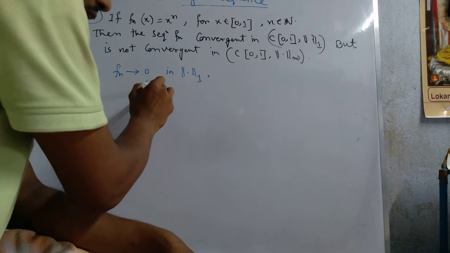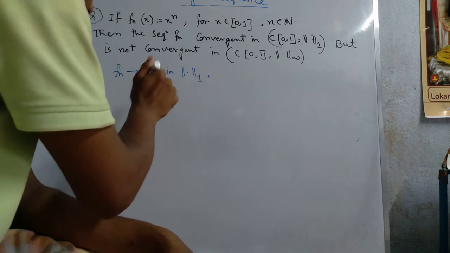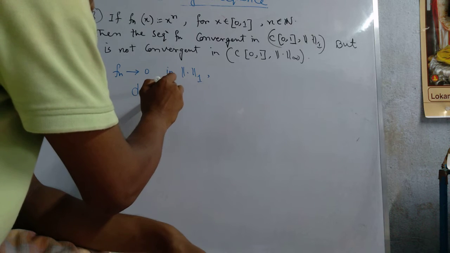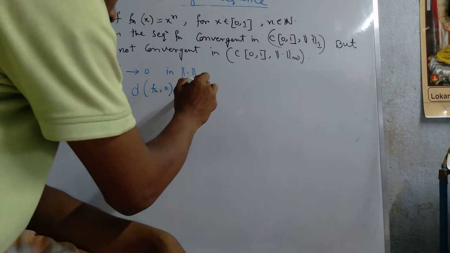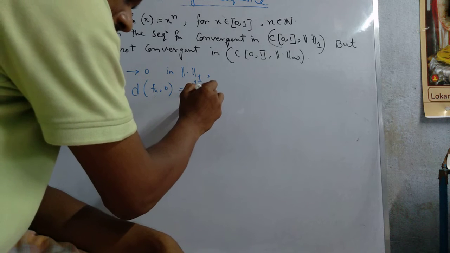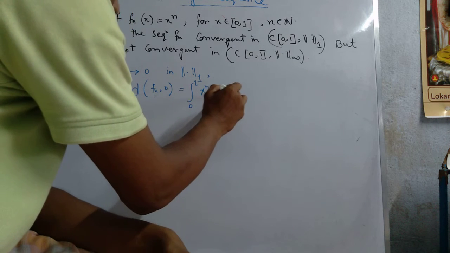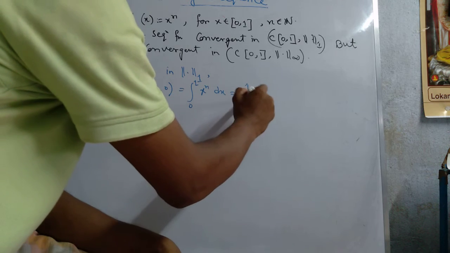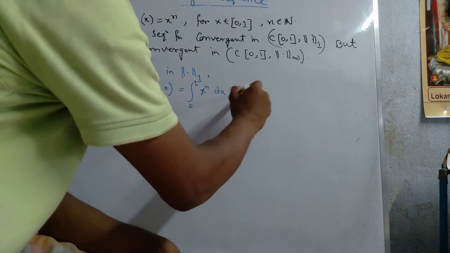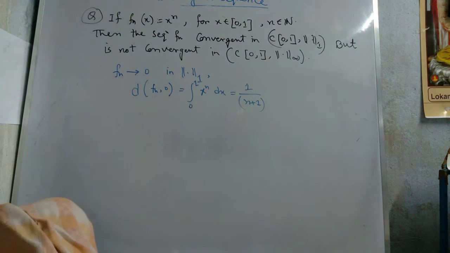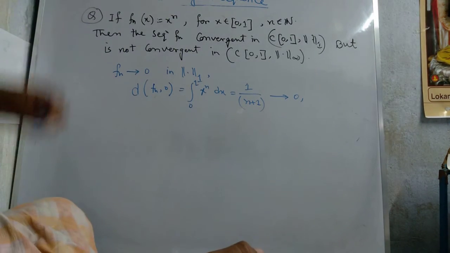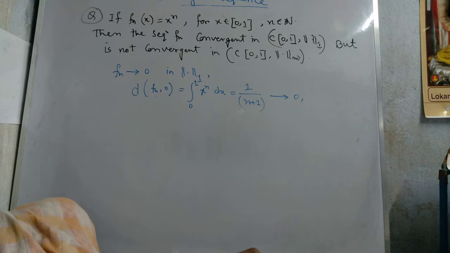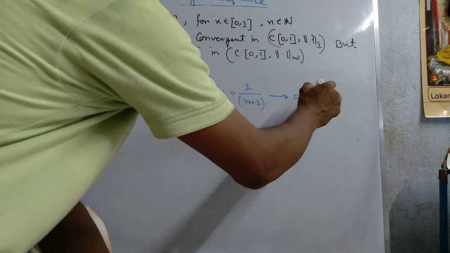Since d(fn, 0) equals the integral from 0 to 1 of x to the power n dx, which equals 1 over n plus 1, and this tends to 0 as n tends to infinity.